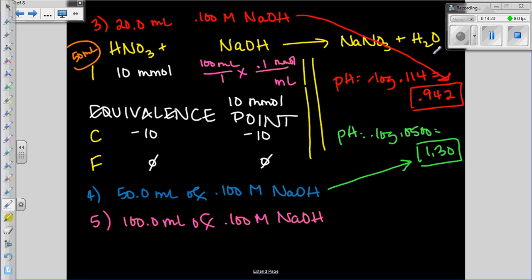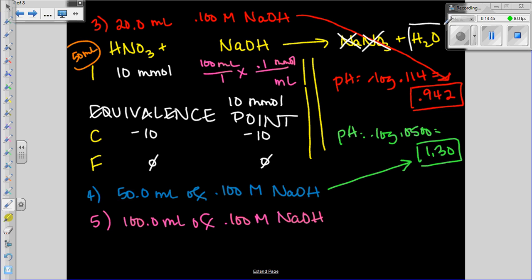All we have left is the salt and water. The nitrate ion is the conjugate base of a strong acid, so it has no acid-base properties in water. Alkali metal cations have no acid-base properties in water.